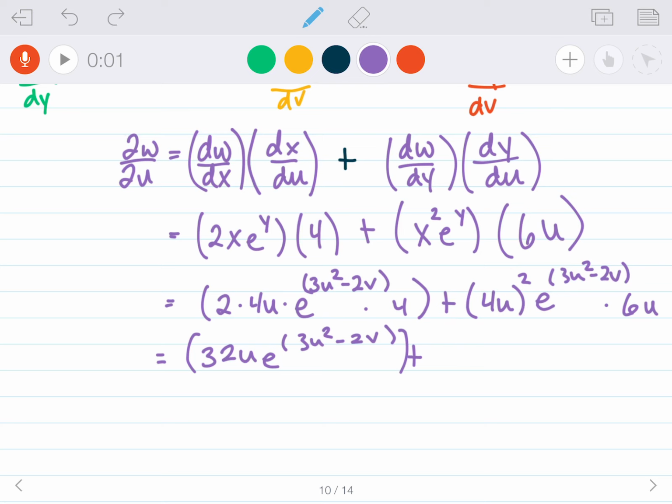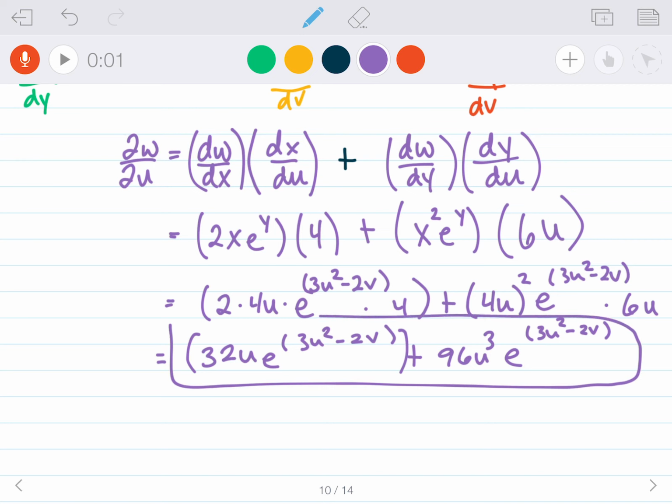So 16 times 6 is 96, so this becomes 96u cubed e to the 3u squared minus 2v. And that is my answer. That is the partial derivative of w with respect to u.